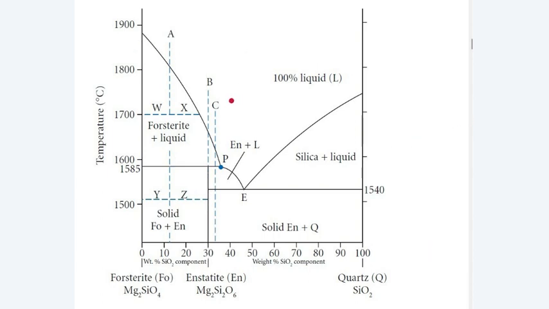If you take the B line, up to the peritectic composition there will be a reaction between olivine and quartz.